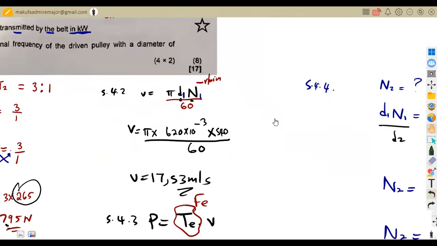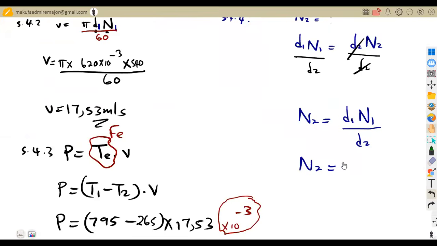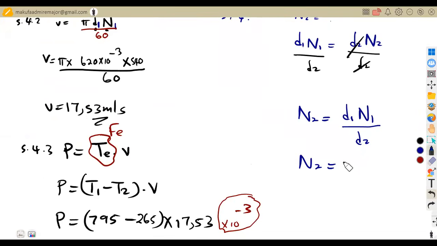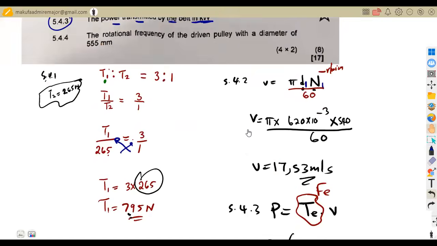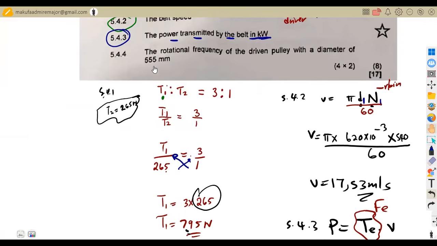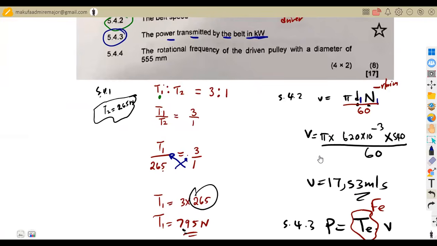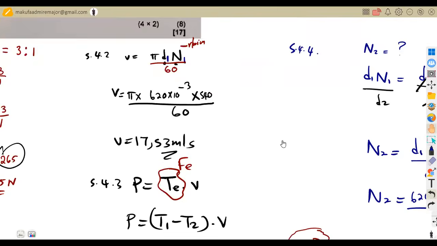So we have 620 times 540 over D2, which is the one that we are given, the driven one, which has a diameter of 555 millimeters.